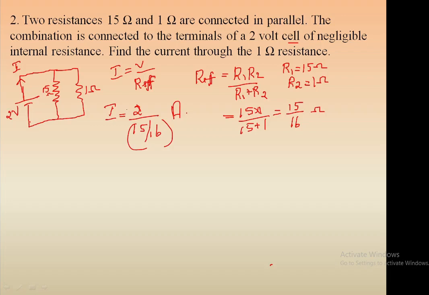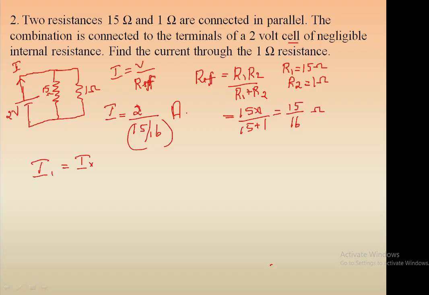Now, in order to find the current through one of the branches, we can use a relation: the current through one branch is equal to the main current into the resistance in the other branch divided by the sum of the resistances.